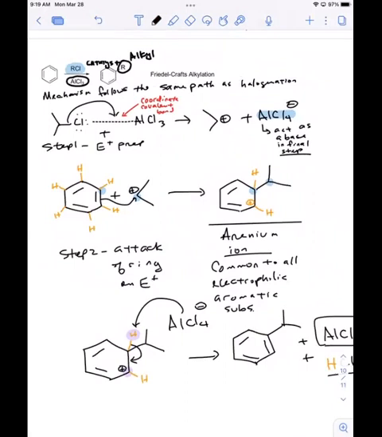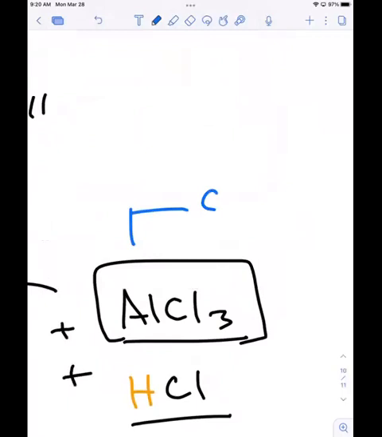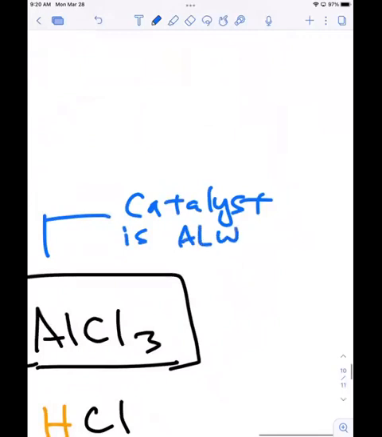And so if it's a catalyst, it doesn't get used up. And so when I get to the end, if I'm using a catalyst in any type of reaction, at the end, the catalyst is always regenerated. I'm going to put this in all caps.